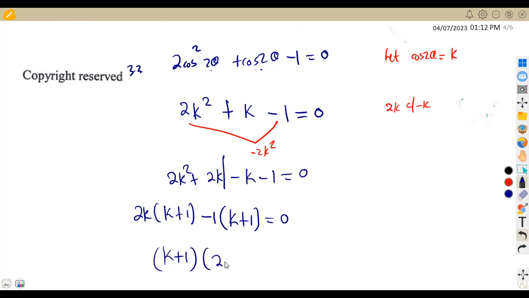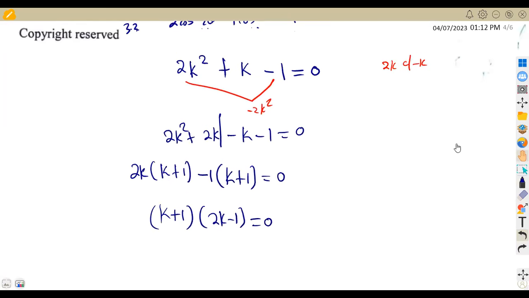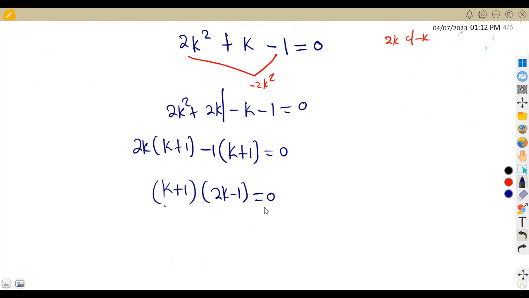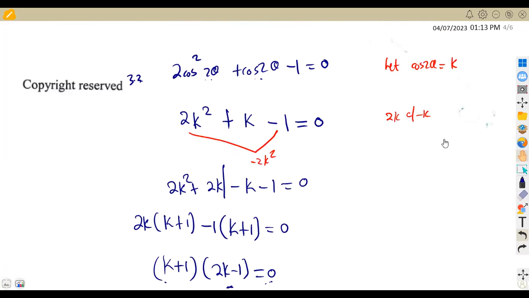So here we are going to have 2k minus 1 equal to 0 in this case. So equating each of these brackets to 0, that means this bracket is equal to 0, so our k is going to be negative 1, or equating this bracket to 0, our k is going to give us a positive half in this case. All right, so remember that k, we introduced this in place of cos 2 theta.